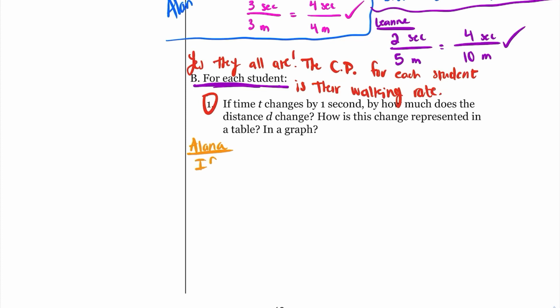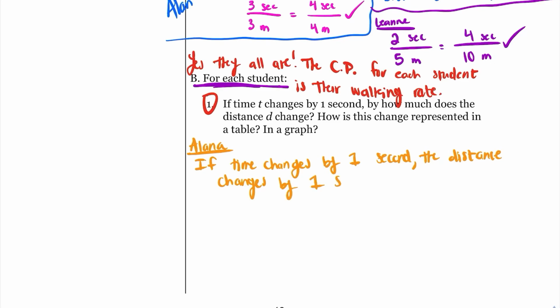So we'll write if time changes by 1 second, the distance changes by 1 meter. Okay, hopefully you did okay there.